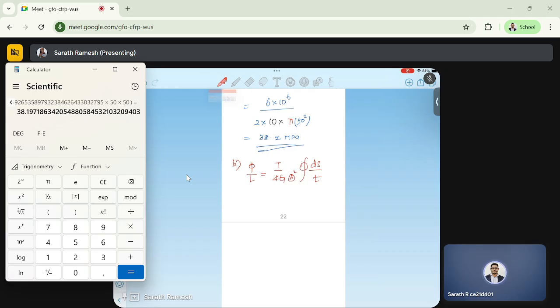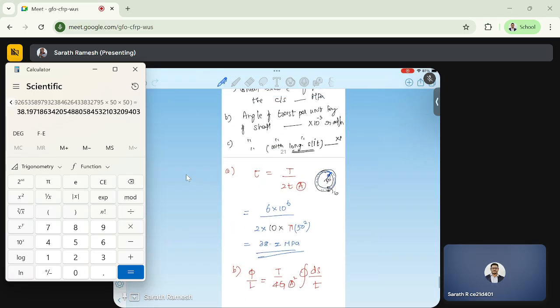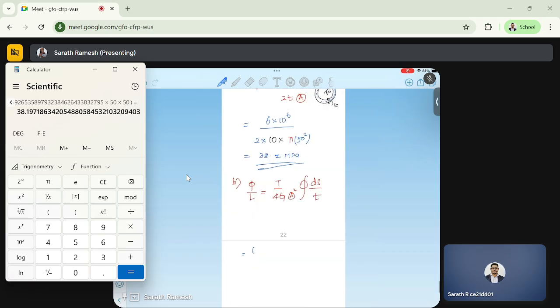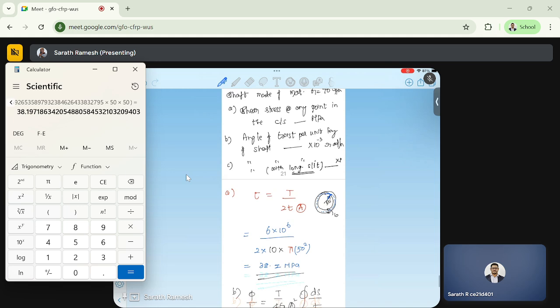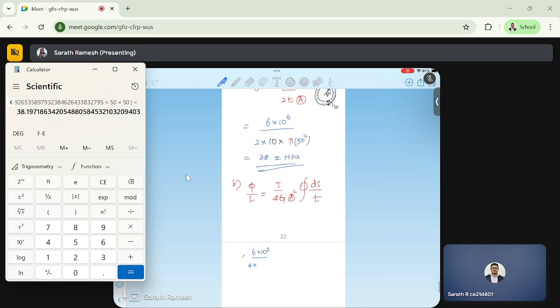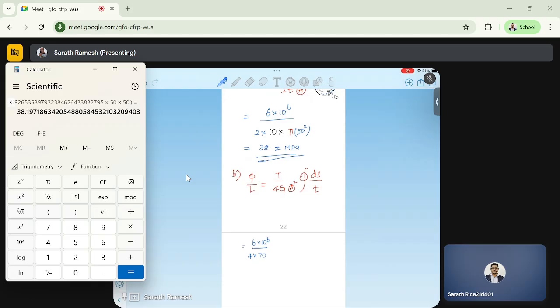So this will be T is 6 into 10 power 6 by 4 into 70 into 10 power 3 into 50 into 50 square, in pi into 50 square, the whole square.